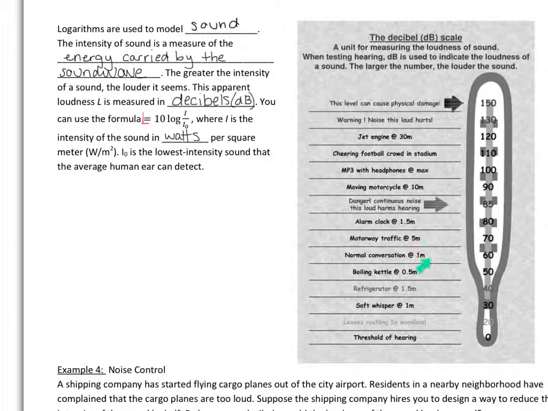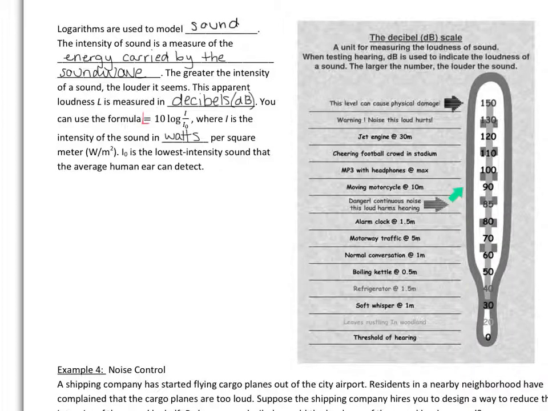Normal conversation is 60 decibels. An alarm clock is only 20 decibels above normal conversation, and that is loud, right? Just above the alarm clock is the dangerous continuous noise. This loud harms hearing. Don't get too close to your alarm clock without turning it off.